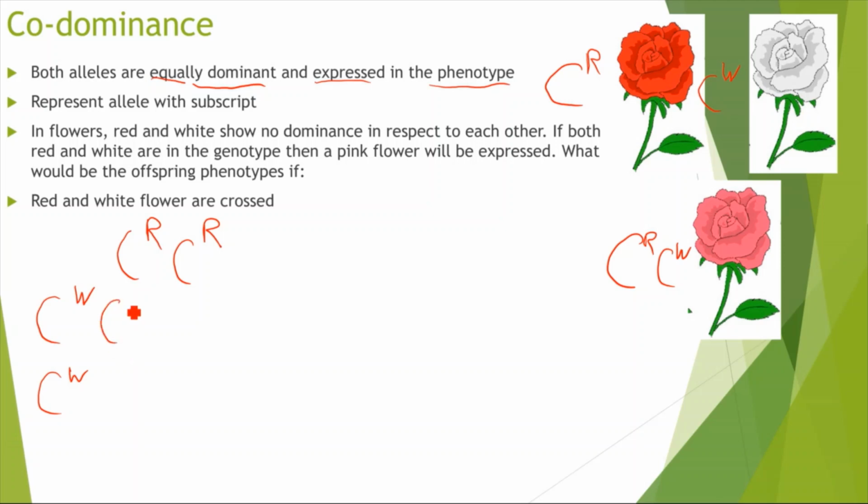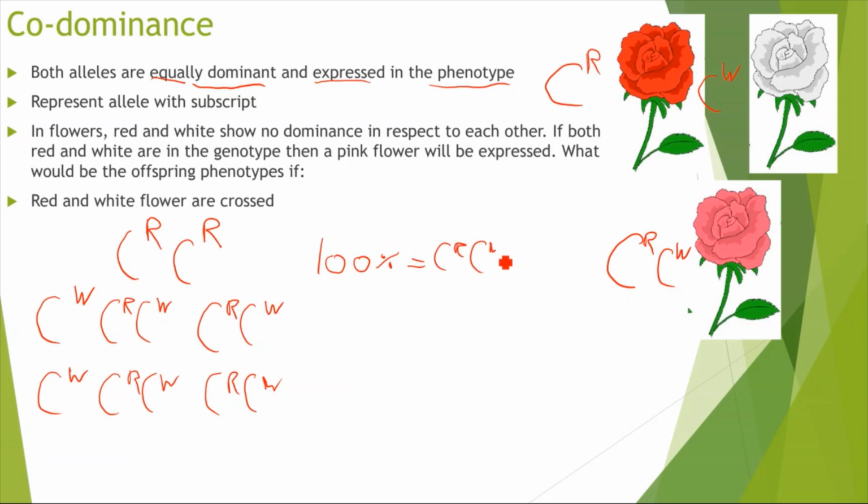So that would just be CR, CW, and then again CR, CW, CR, CW, and CR, CW again. So in this case, I have 100% CR, CW. So therefore, it must be 100% pink in this case.